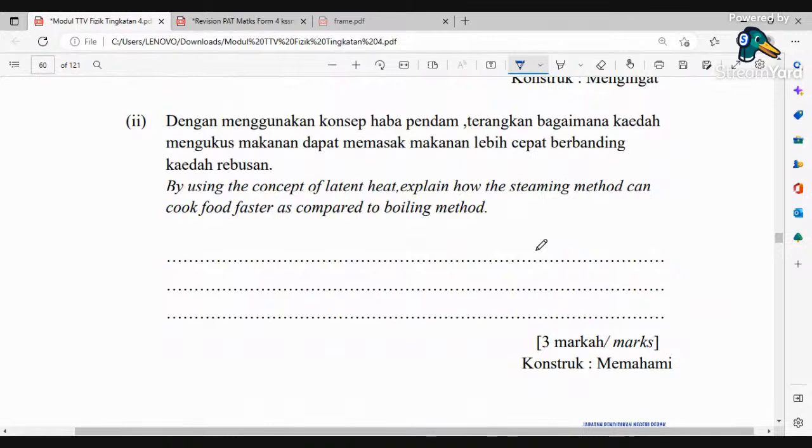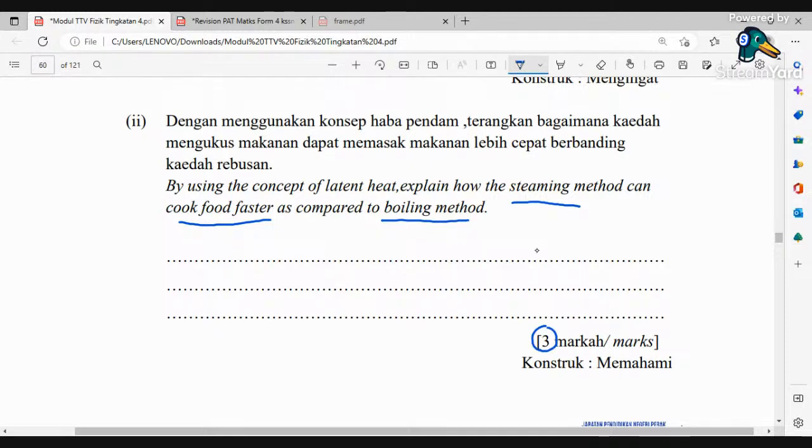Okay, part 2. By using the concept of latent heat, explain how steaming food can cook food faster compared to boiling method. 3 markah. So 3 points.